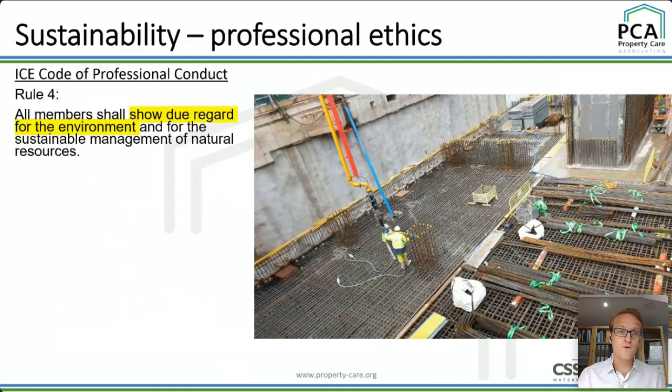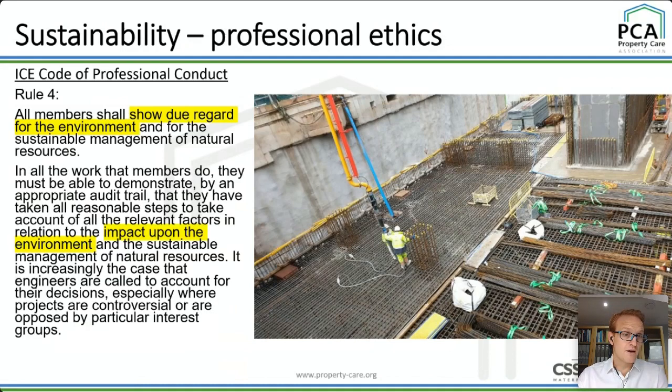Rule 4 of the ICE Code of Professional Conduct now says members shall have due regard for the environment. It goes on to say that we should have an appropriate audit trail to show that we've taken reasonable steps to consider our impact on the environment.